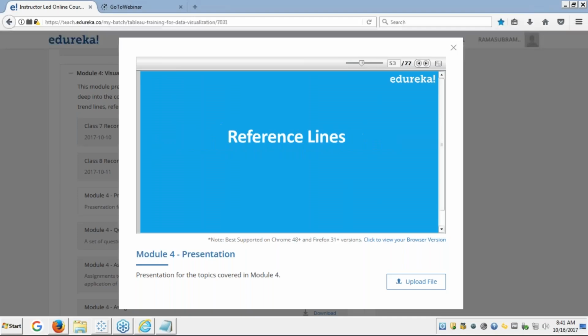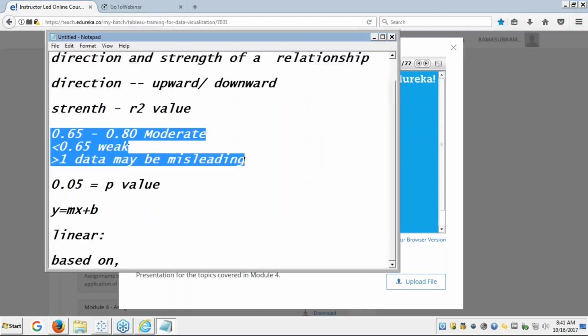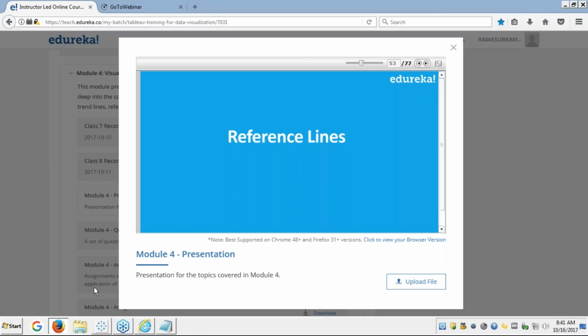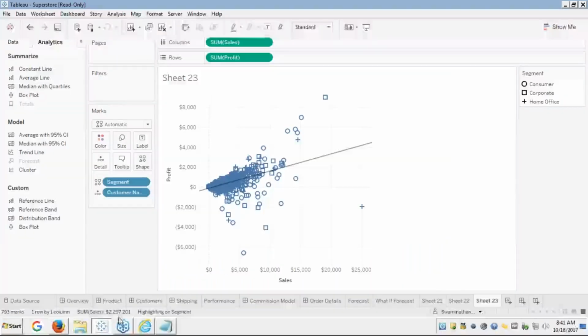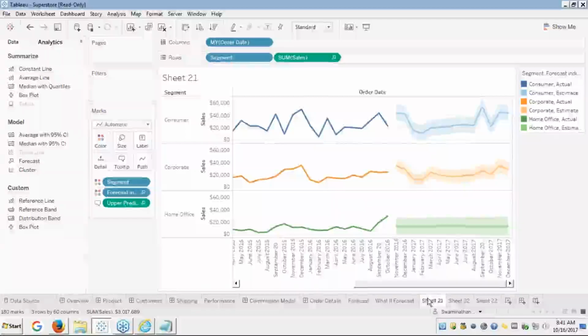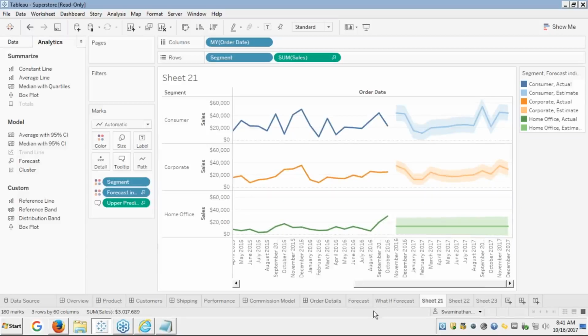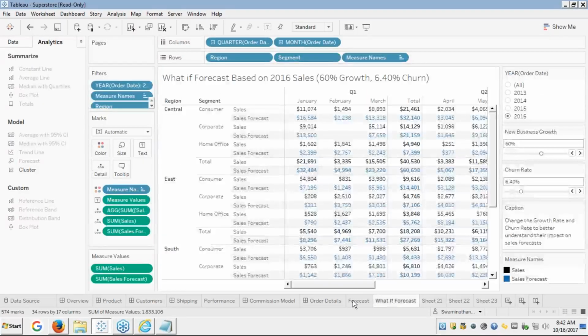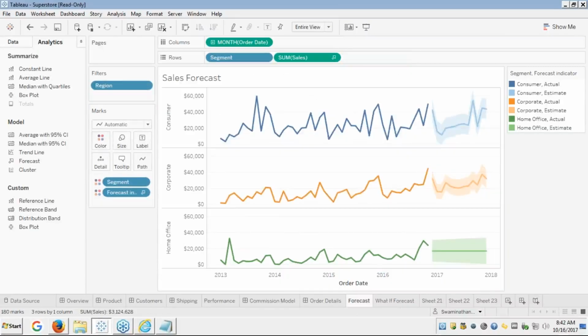The next thing we are going to see, friends, is about reference lines. I will tell you first what purpose they are used for, and let's see some examples. We had some data here, so let me take one of the live examples I had.